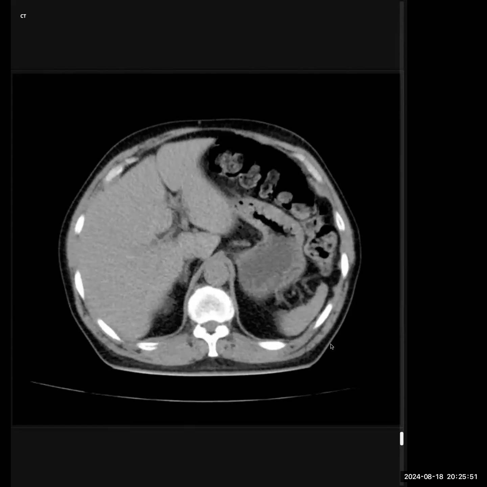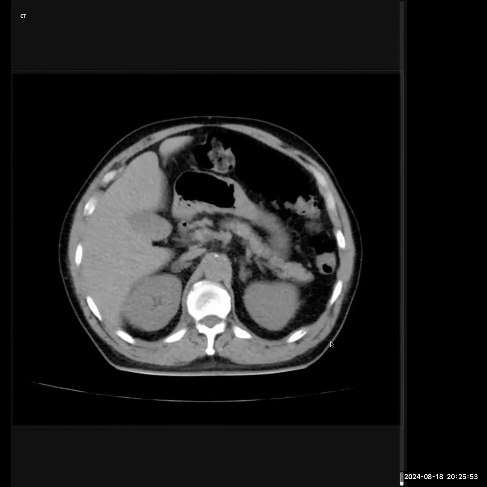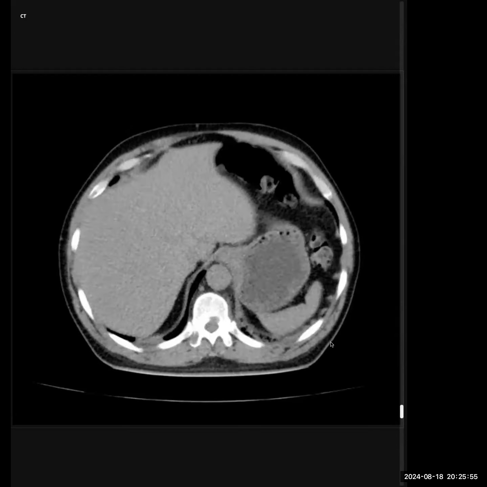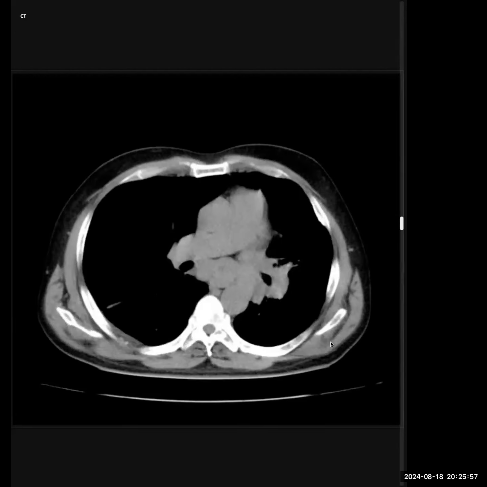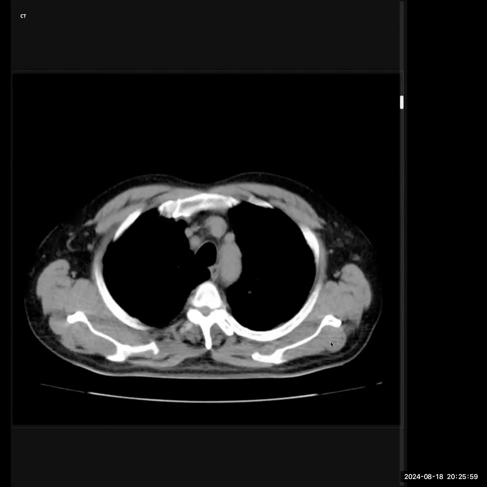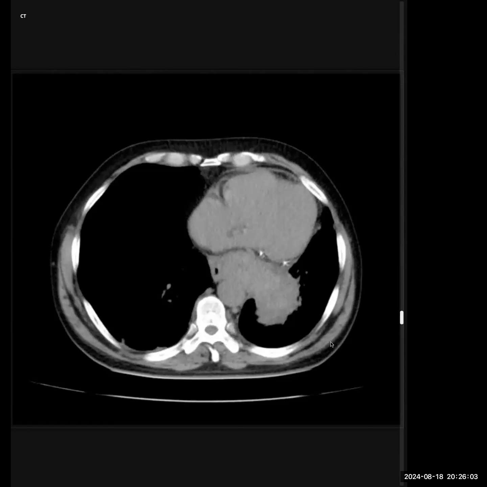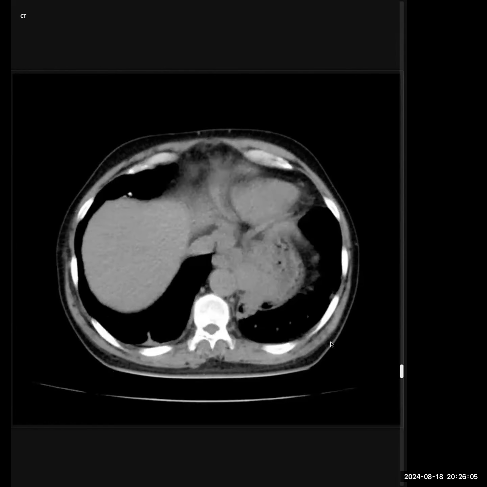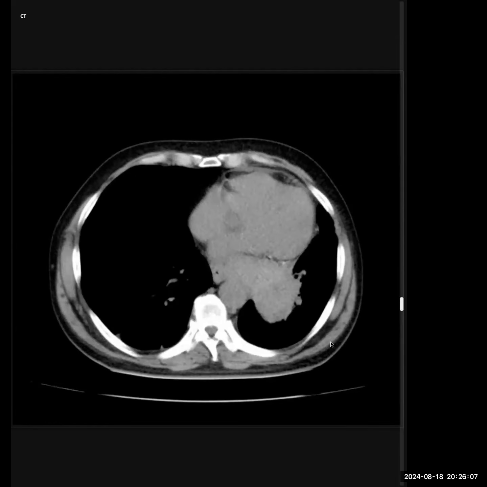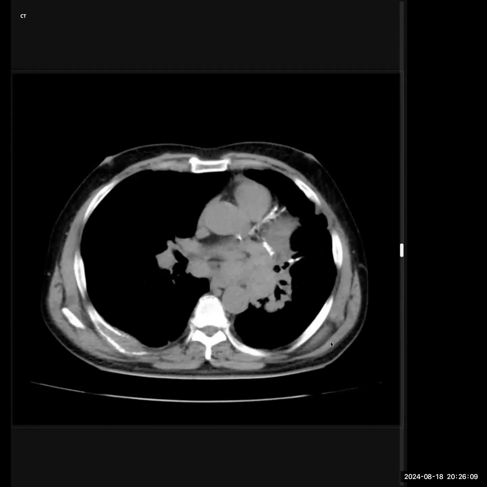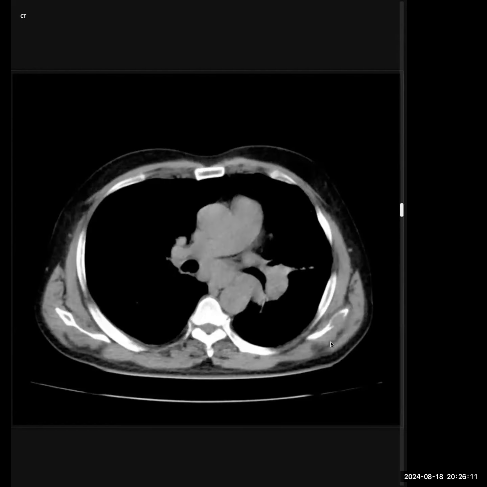Okay, so I'm provided with the axial section CT scan, plain study of the same patient. I can see in the left lower zone an ill-defined soft tissue density lesion in close proximity to the hila.